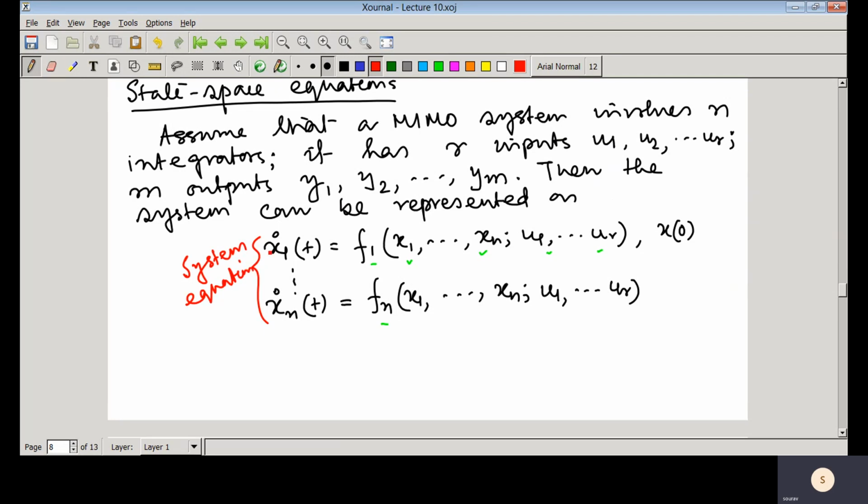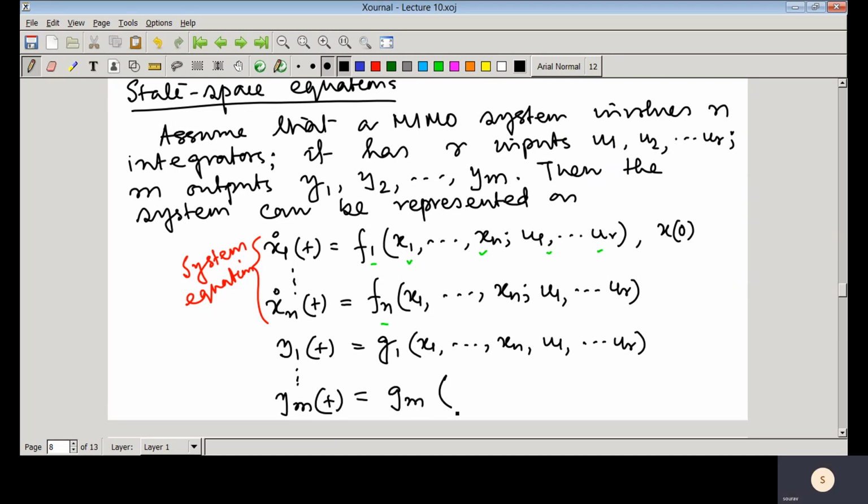Sometimes it is also known as the state equation, system equation, and of course you have the output equation, that is y1 of t. Again they are functions of states as well as inputs, and you have m number of outputs.